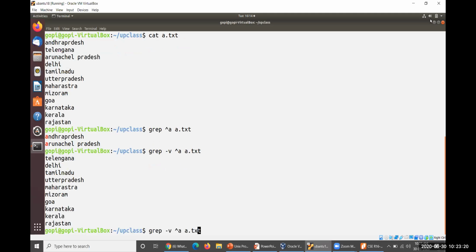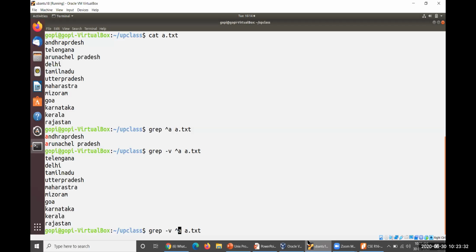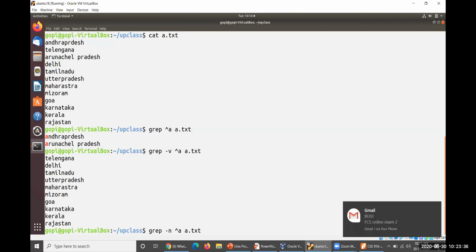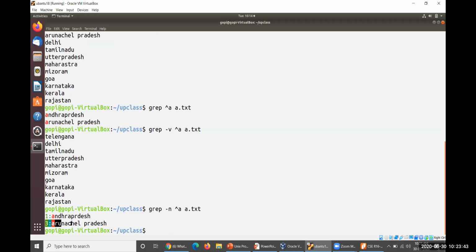I do not remember all other options here. One more option is -i, ignore case, and another is with line numbers, which is -n. So let me consider -n here. It has the first row and the third row with this particular pattern.